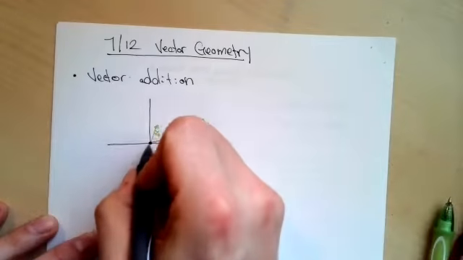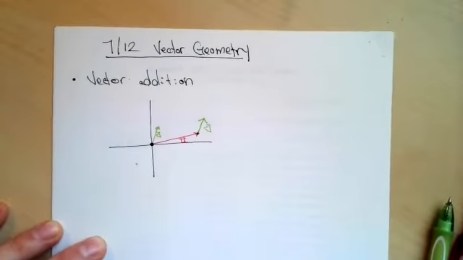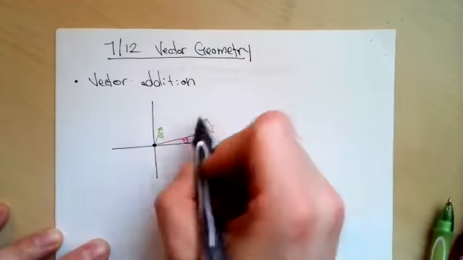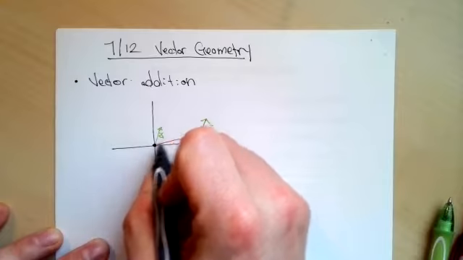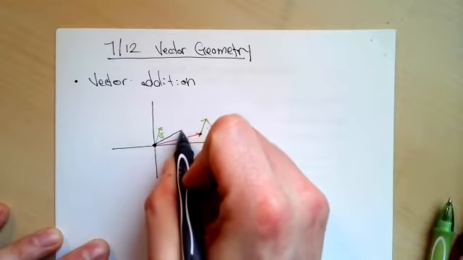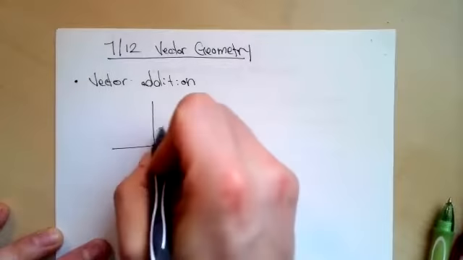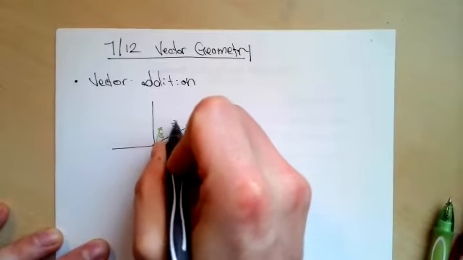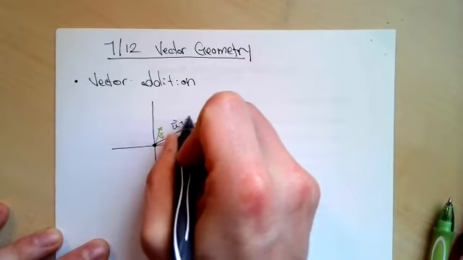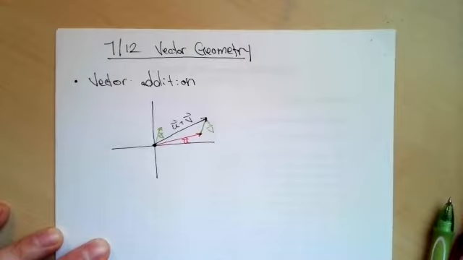Then if we now draw a vector from the origin to the tip of this translated v, then that vector there is u plus v.